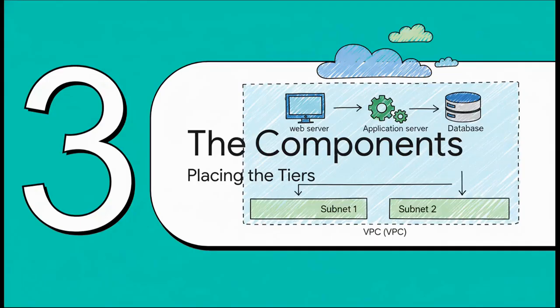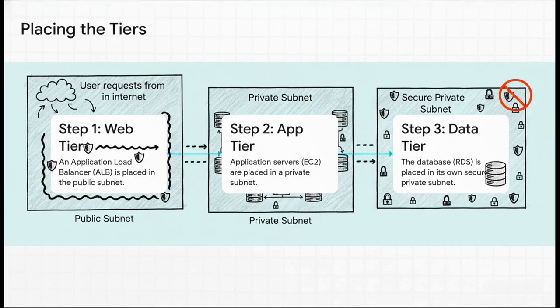All right, so we've built our secure rooms. Now it's time to actually furnish them, right? Let's take our application components and place them into their designated tiers. And here is where it all comes together. Check this out. User requests from the internet, they only ever hit our load balancer, which sits in that public subnet. That's our single front door.